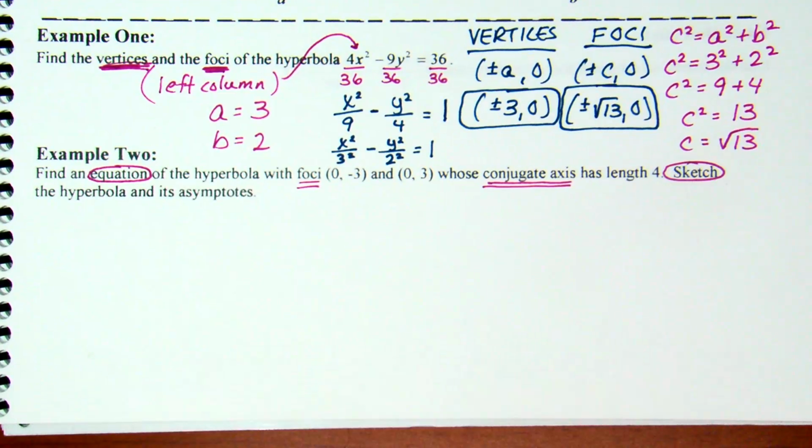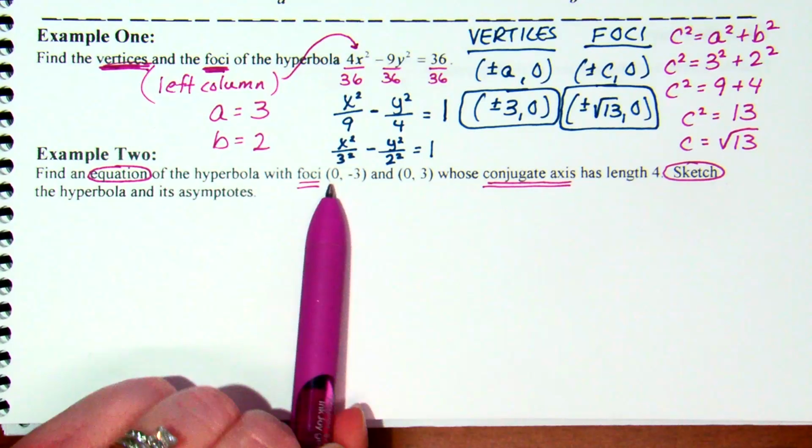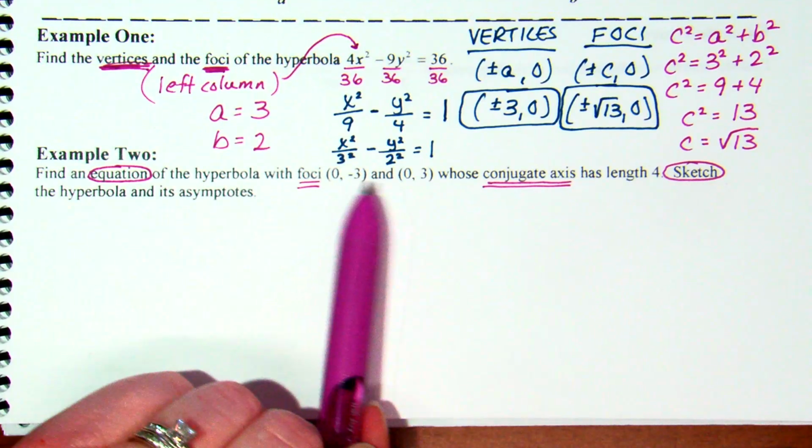Zero, well, it has the right column because the zero is first. We know C. So if you look at these foci, we can get two different things out of this information. First of all, it's 0, comma, plus or minus a number.